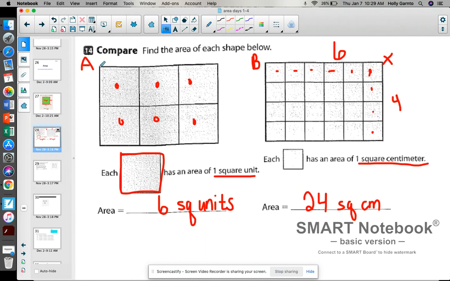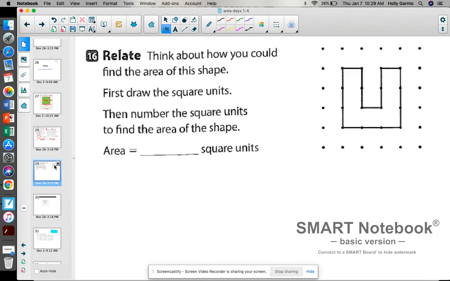All right, shapes A and B are both regular shapes. So let's look at an irregular shape. All right, this one says think about how you could find the area of this shape. First, draw the square units, then number the square units to find the area.